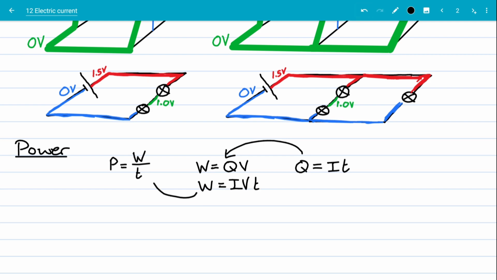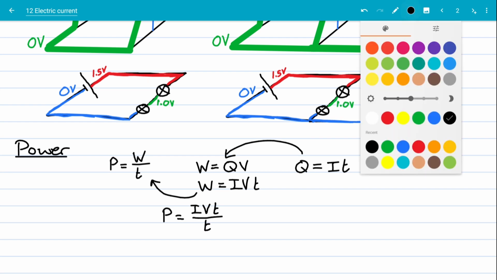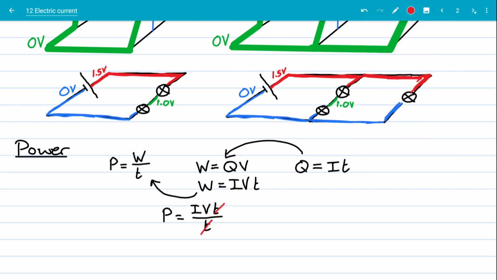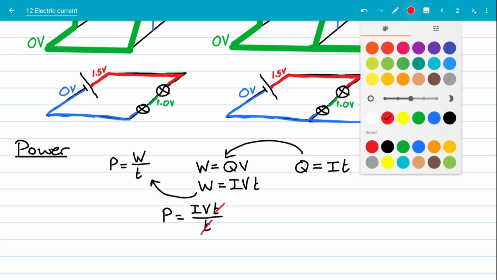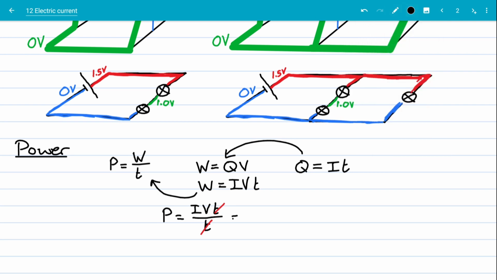And if we plug that into there, we end up with power is equal to current multiplied by potential difference multiplied by time divided by time. The times will cancel, and we end up with our familiar equation, which again is covered at GCSE level. Electric power is current multiplied by potential difference.